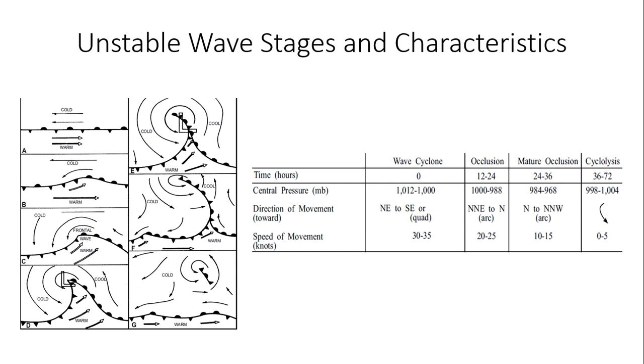By the time we reach peak intensity at the mature occlusion stage, we're at only 10 to 15 knots forward motion. So it slows down as it deepens or gets stronger generally. And it eventually changes direction, initially going from northeast to southeast quadrants, eventually moving towards the north-northwest in the mature occlusion stage.